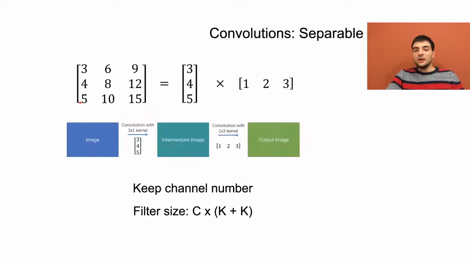So actually we can try using this separable convolution, where first we convolve our image with a 3 by 1 kernel, just with this vector actually, okay, matrix with 1 column, and then we convolve this intermediate image, actually it's not already an image but some kind of latent representation, with another kernel, now a row vector, not a column vector, and finally we get the output image.